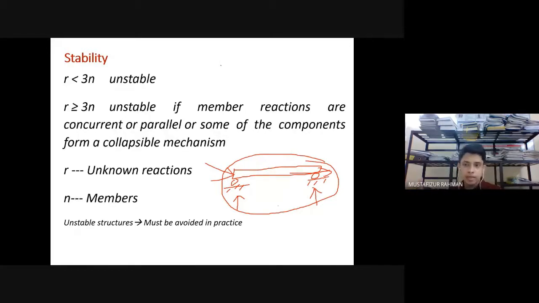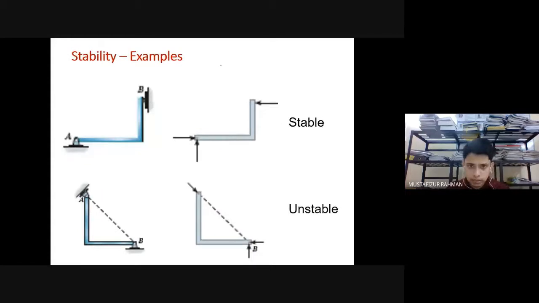With an extra member, it becomes statically indeterminate. I don't know if you're getting the point, but we will come back again and discuss. This was just a brief overview of statically determinate and indeterminate. Then again, we have to go inside and find out the determinacy and indeterminacy for trusses and beams and frames.